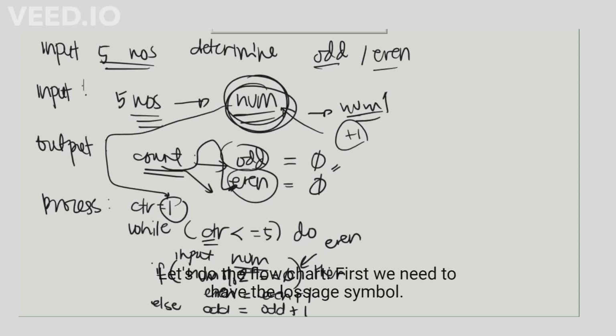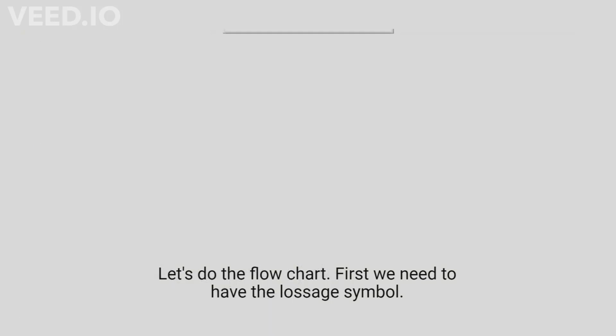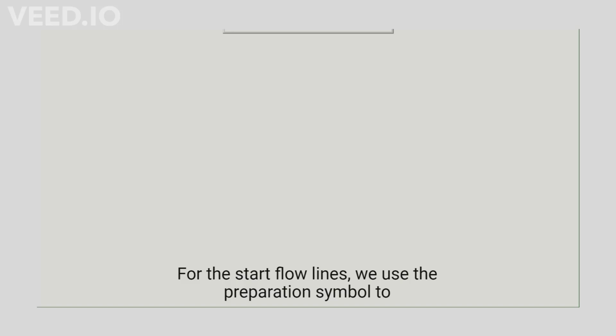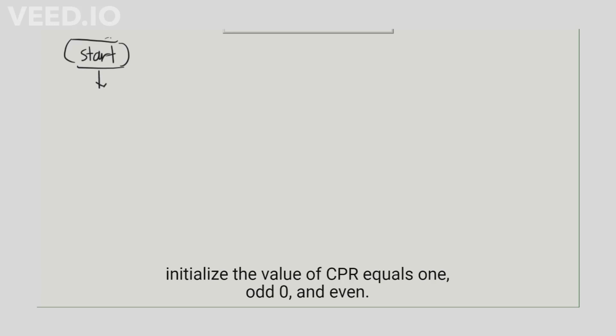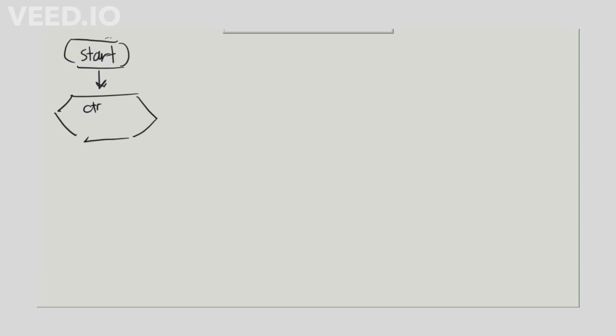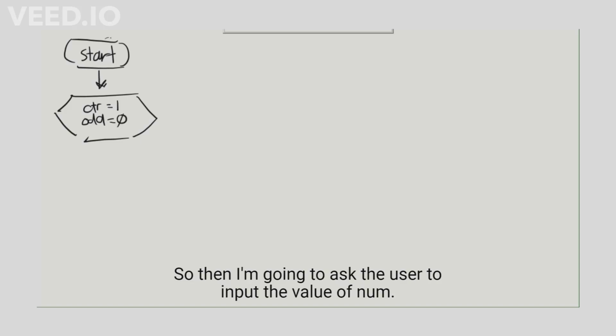Let's do the flowchart. First, we need the lozenge symbol for the start, then flow lines. We use the preparation symbol to initialize the values CTR equals 1, odd equals 0, and even equals 0. Then I'm going to ask the user to input the value of num.